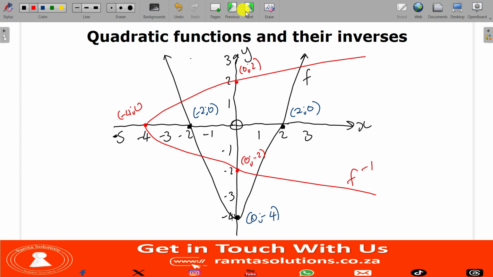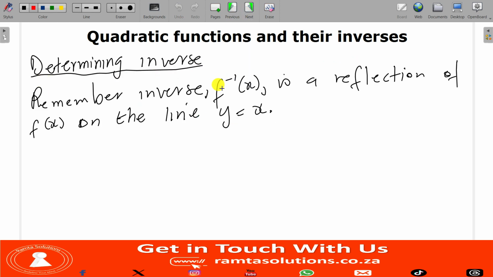Okay, now determining the inverse, remember the inverse is a reflection of f of x on the line y equals x. Now we're going to try an example.